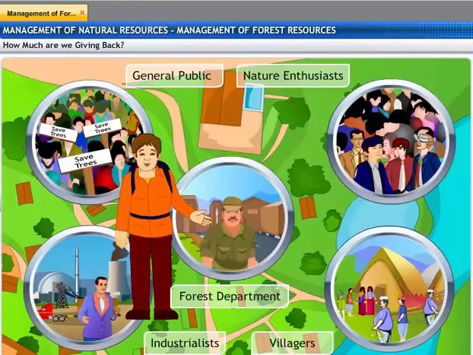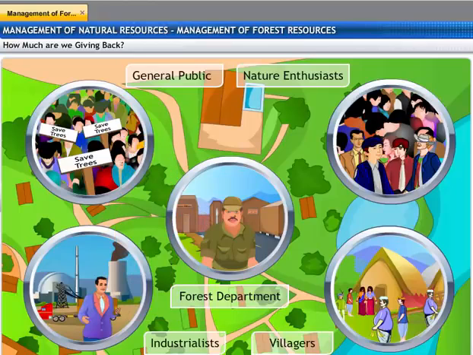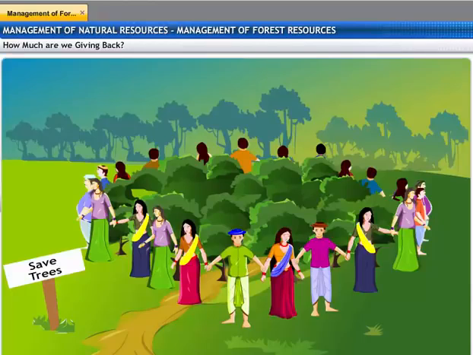Does that mean that we all play a role in keeping the forests safe? That's right, Kevin. All stakeholders, including the industries, the government, and the local people, have to work hand in hand.